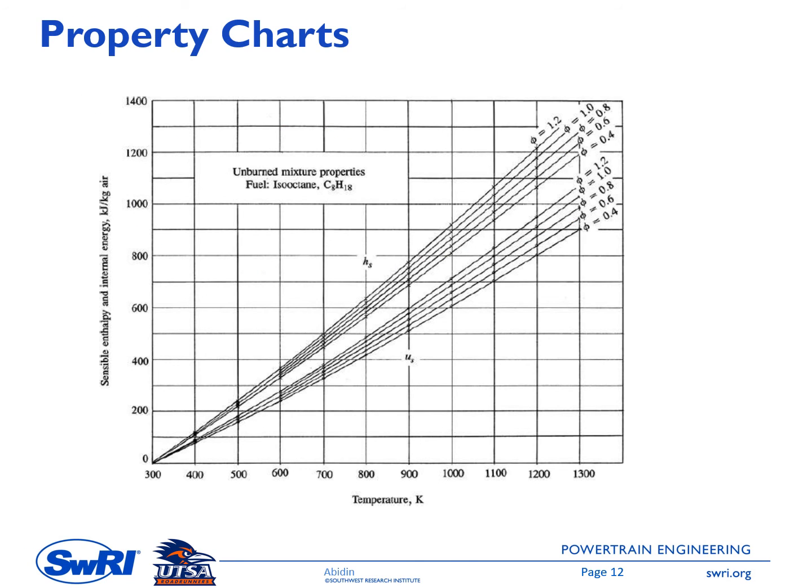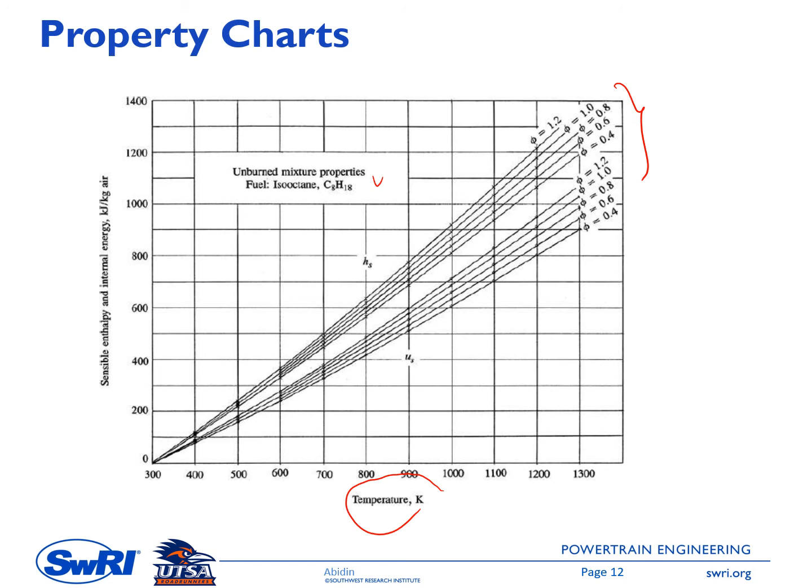This one is showing an example of a chart for the properties of the mixture. This is the unburned mixture, and it is isooctane, C8H18. It shows the sensible enthalpy and internal energy as a function of temperature, and also as a function of phi.